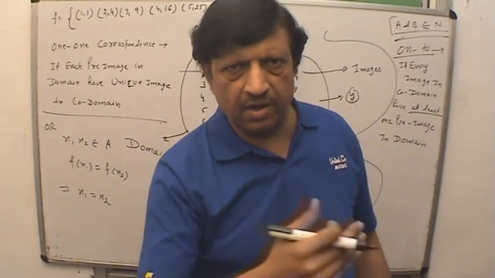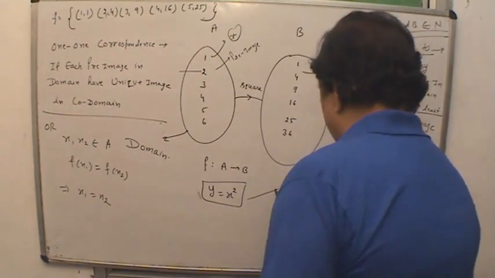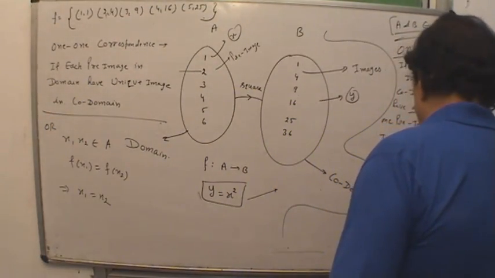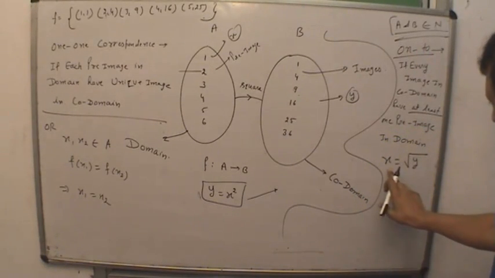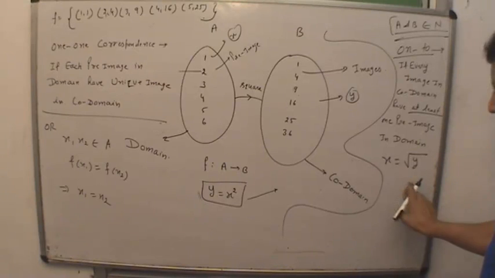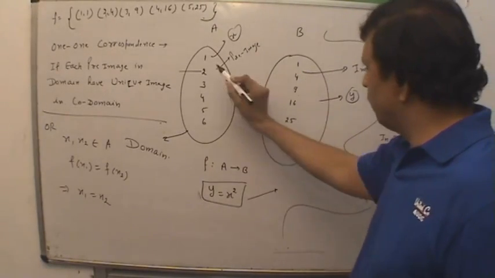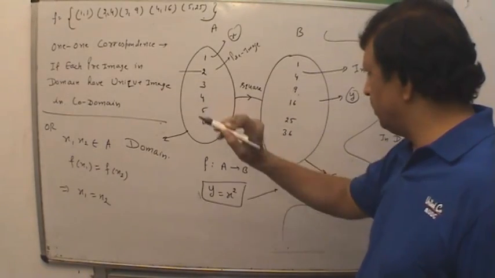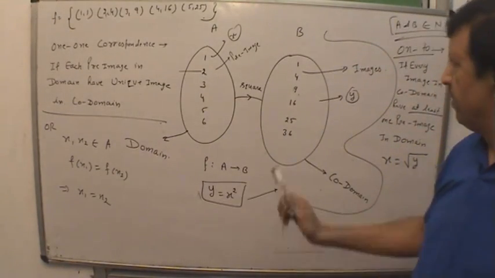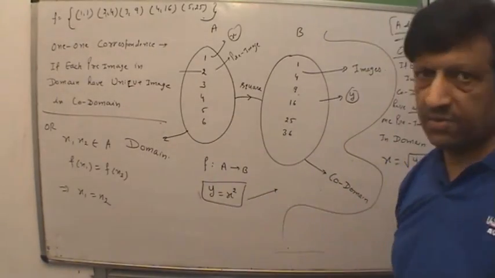From here we find x is equal to under root y. It is the pre-image. Let us start counting. Under root of 1 is 1. Under root of 4 is 2. Under root of 9 is 3. It seems that every image has its pre-image.